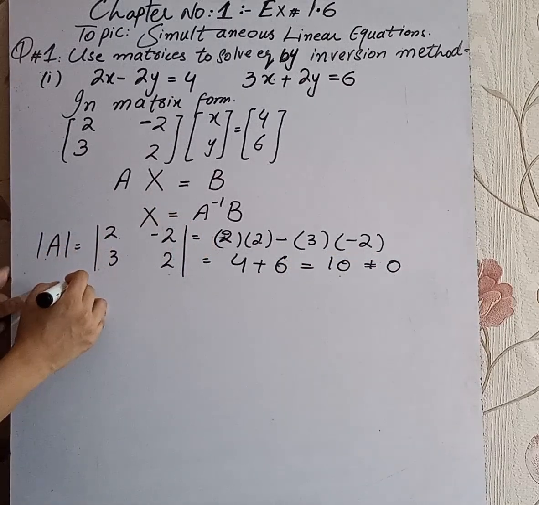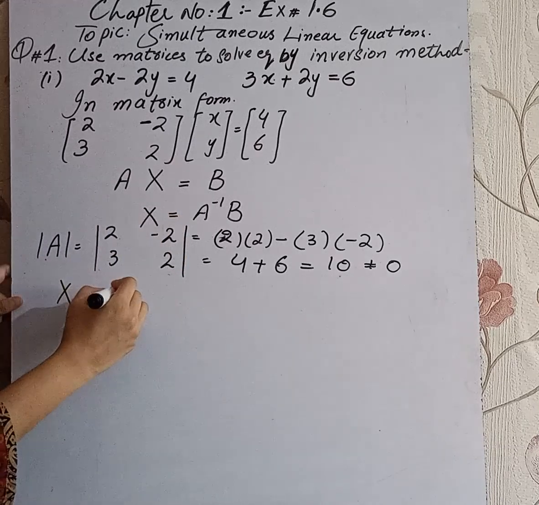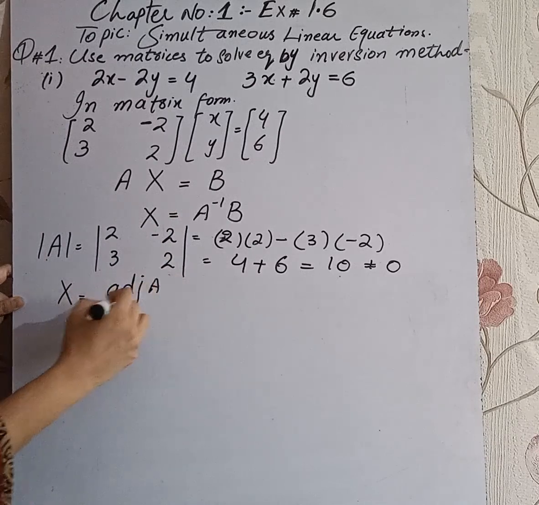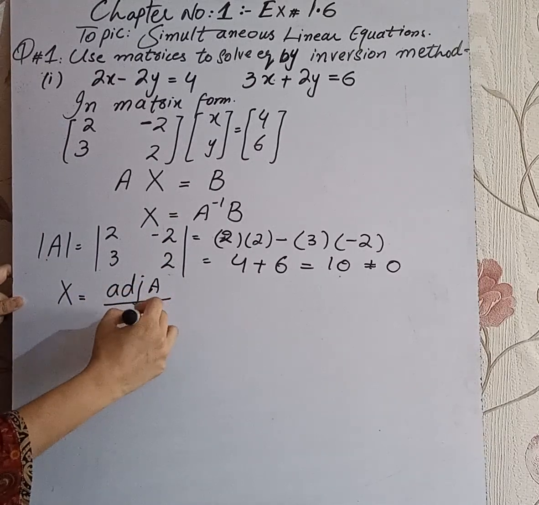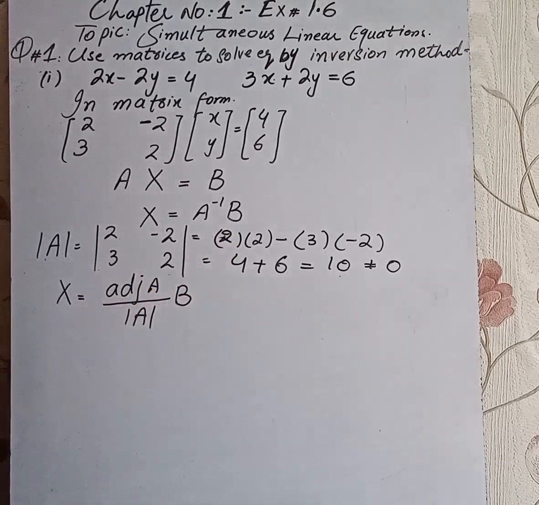X equals to A inverse. The formula of A inverse is adjoint of A over determinant of A, into matrix B. So here I will put the values.